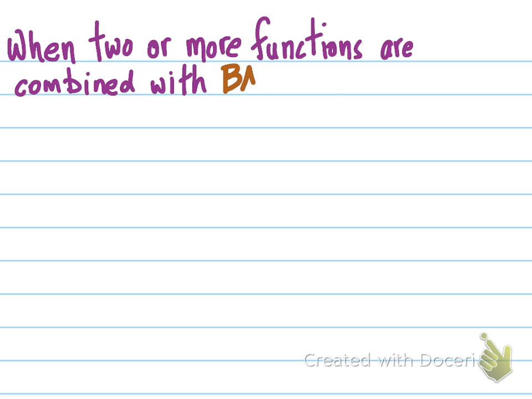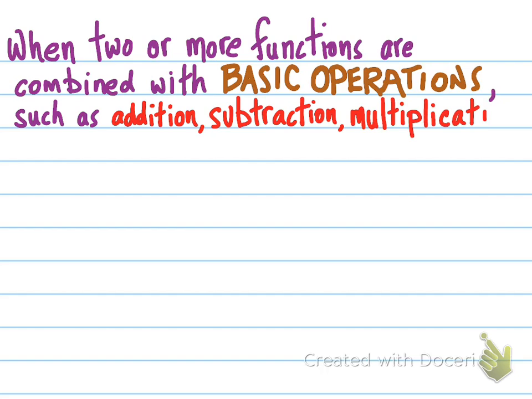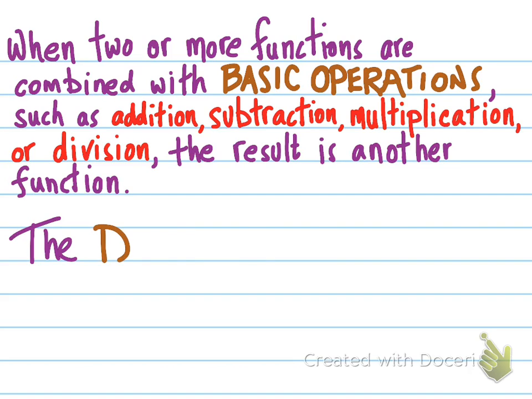But here's the rule that we have to follow. Whenever you're combining two or more functions with basic operations, and by that I mean addition or subtraction or multiplication or even division, the result of doing that combination is another function. And so the question is then, is the domain of that new function the same as what we started with, or is it somehow different, or how do we figure out the domain? The basic rule is this.